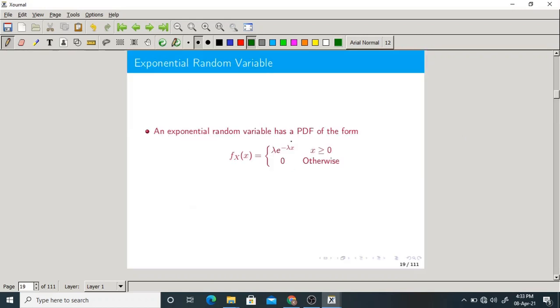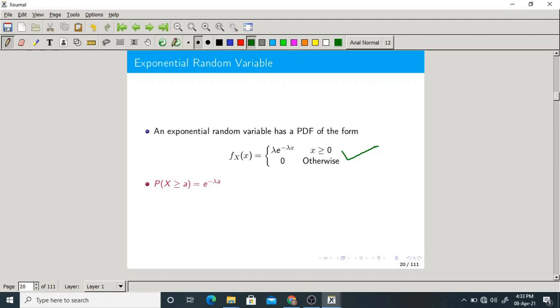Now this is another type of random variable, called the exponential random variable. Now how is it defined? Lambda e power minus lambda x when x is greater than or equal to 0, 0 otherwise. What is lambda? That is a positive parameter of this type of random variable. In the last class we proved whether this is a legitimate PDF or not.